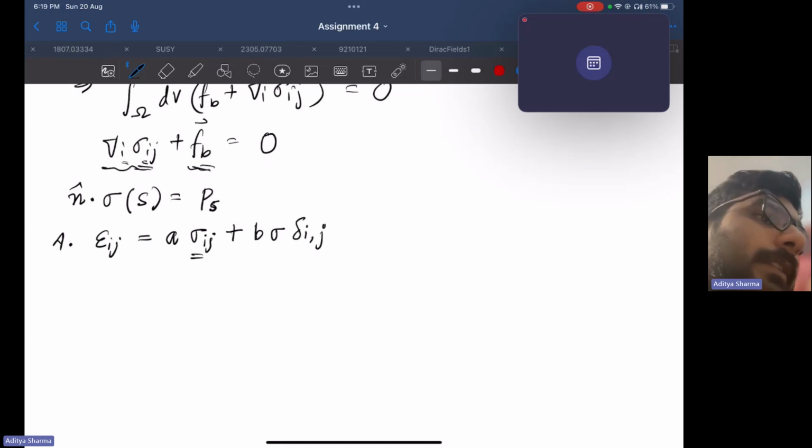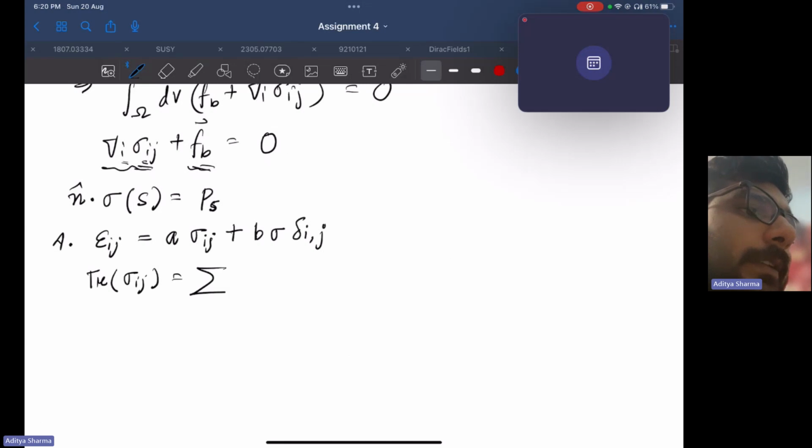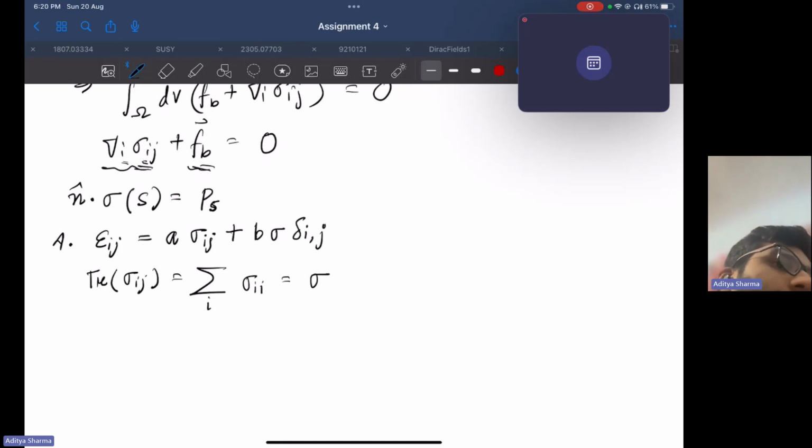The reason for writing this in this way is because the trace of sigma ij, which is nothing but this thing, is an important quantity. This is similar to pressure, and when i and j are not equal, this is mostly shearing stress.